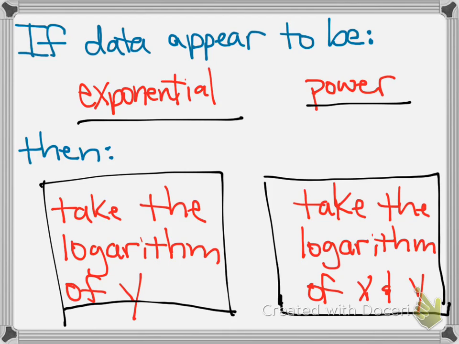Now, there might be times where it's hard to tell the difference between whether you have an exponential model or a power model. And then the question becomes, how do you decide which type of transformation to use? Unfortunately, the answer is, you're just going to have to try them both out and see which one comes up with a reasonable linear model for your data set.